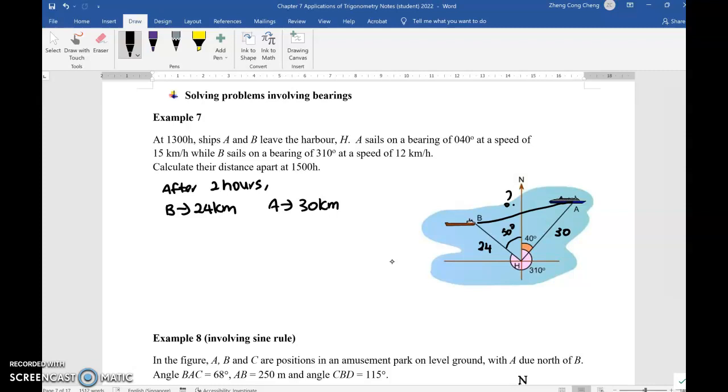So we can use trigonometry to find the length AB. We don't even need to use trigonometry because we have 90 degrees. Using Pythagoras theorem, AB squared must be equal to 24 squared plus 30 squared. So AB must be equal to 38.4 kilometers.